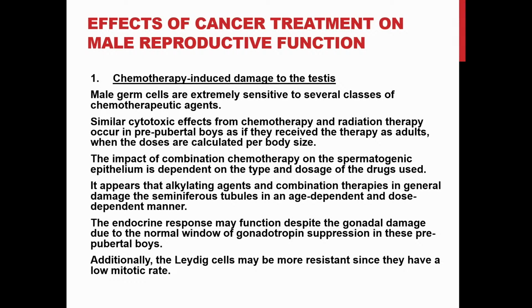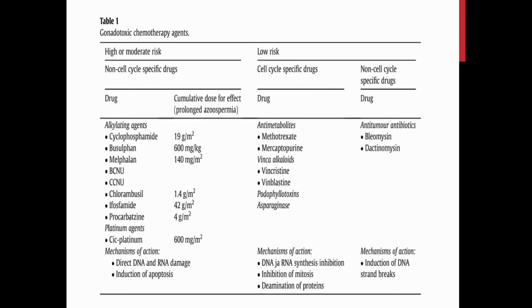Alkylating agents and combination therapies in general damage the seminiferous tubules more, and they do it in an age-dependent and dose-dependent manner. Leydig cells are more resistant since they have a low mitotic rate.